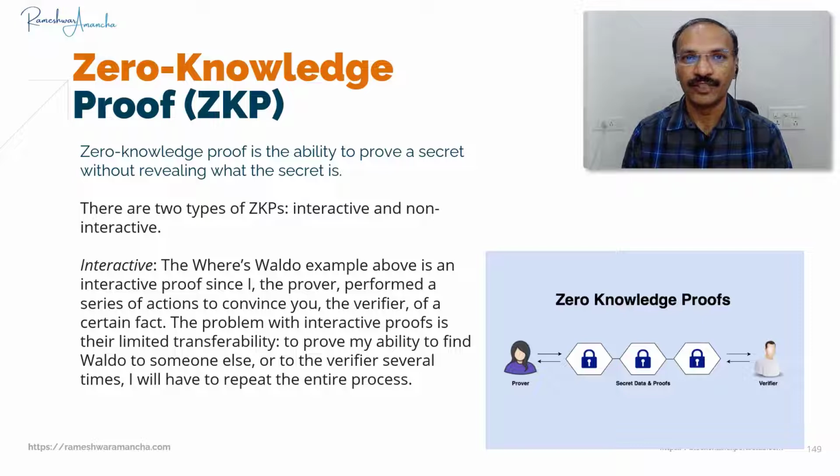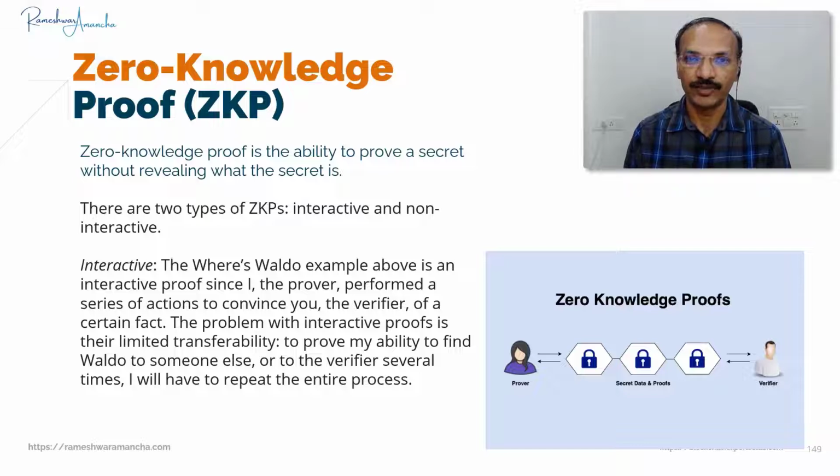As per the definition, zero knowledge proof is the ability to prove a secret without revealing what the secret is all about. I'll be talking about the examples in a little while, but before getting into the examples, let me tell you the different types of zero knowledge proof.